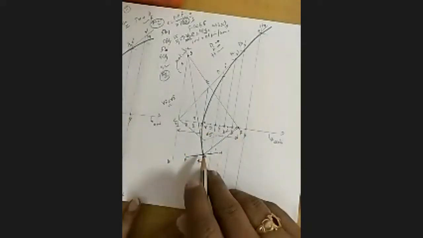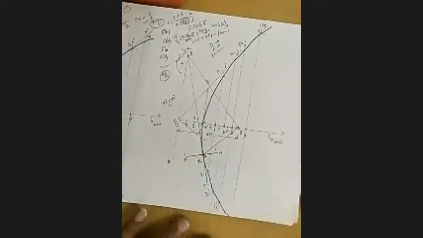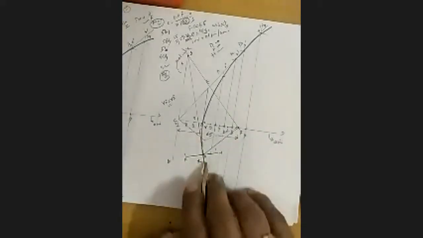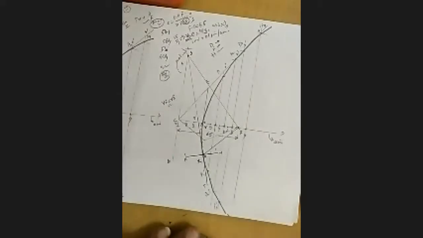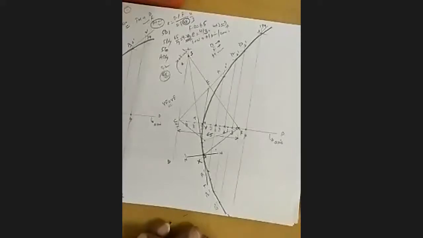But in this condition, everyone's tangent and normals are different because the location of the point is as per your wish, not as per a given condition. But the construction procedure is same. Only selecting the point is a different thing.